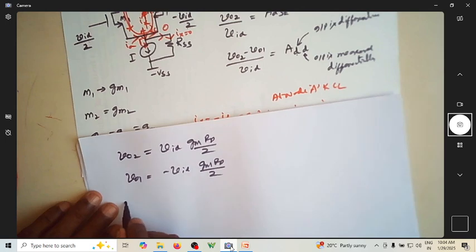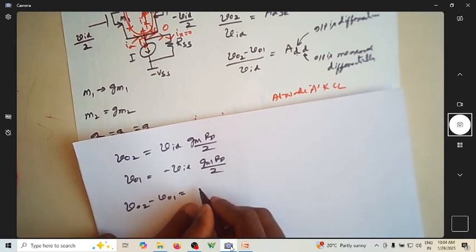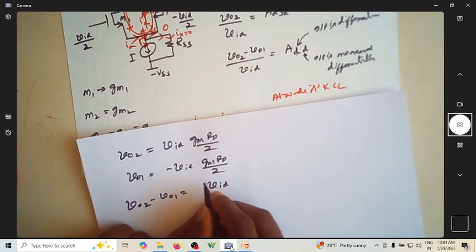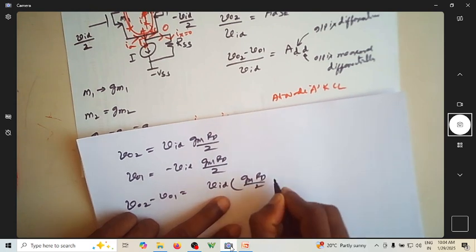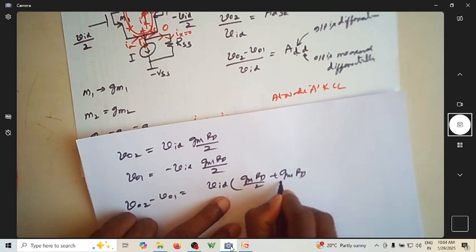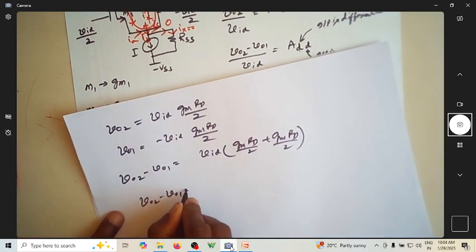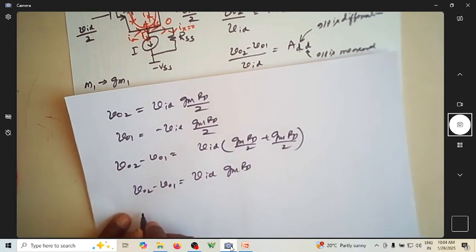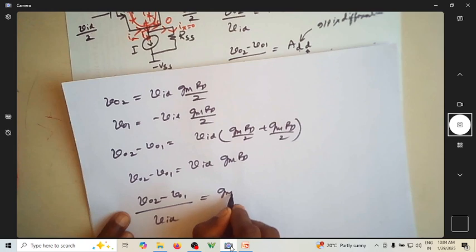Now if I do V02 minus V01, what will happen? Can take VID out, minus of minus will become plus. Will it not be GM RD by 2 plus GM RD by 2? So what is V02 minus V01? Is it not VID into GM RD? So V02 minus V01 by VID is actually GM into RD.